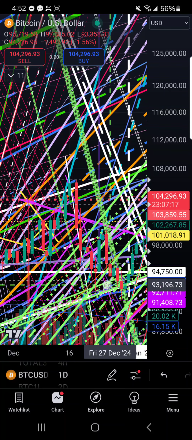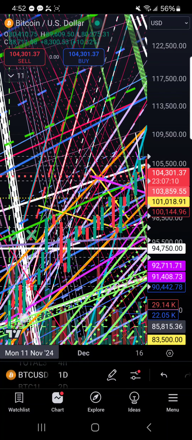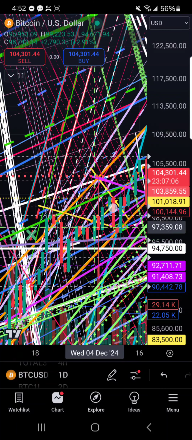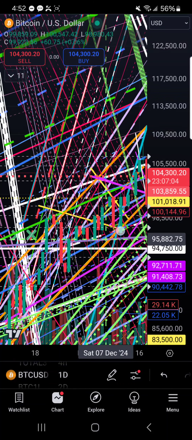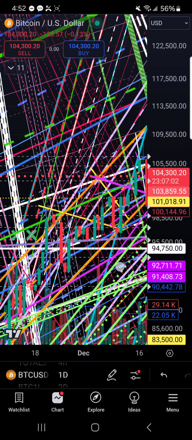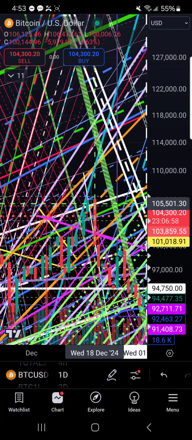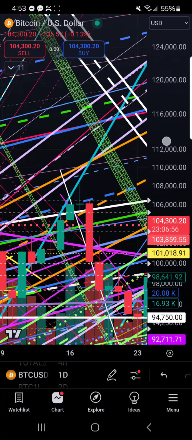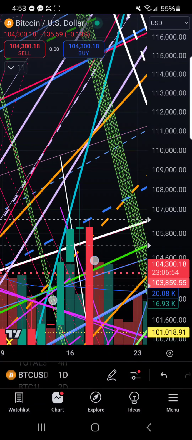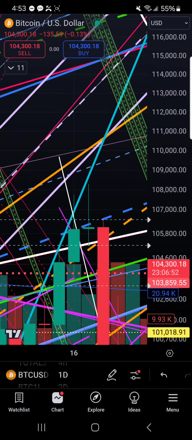And you can see that since we rallied up here around the 10th or 11th of November, we entered this channel and have consolidated within it along the center line here, held it as support, and then broke out right here, potentially indicating the start of our parabolic bull rally.